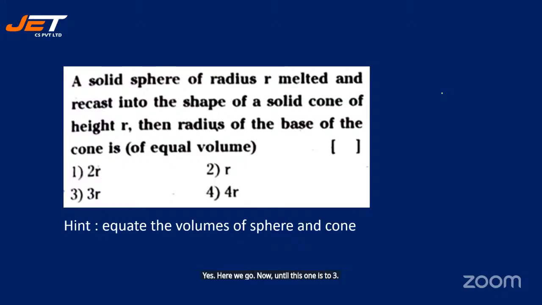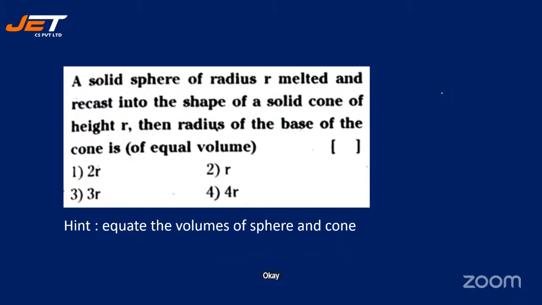Okay, right. Now see the next question. A solid sphere of radius r is melted and recast into the shape of a solid cone of height r, and then the radius of the base of the cone is dash. It is of equal volume. So here they say equate the volume of the sphere and volume of the cone.